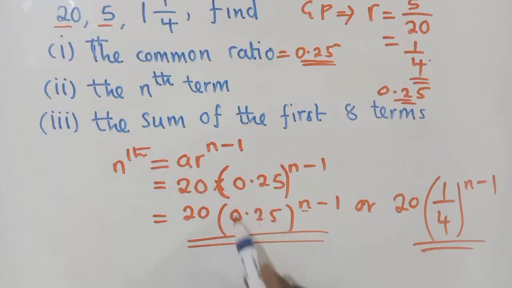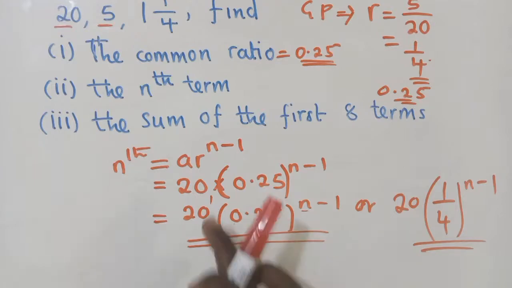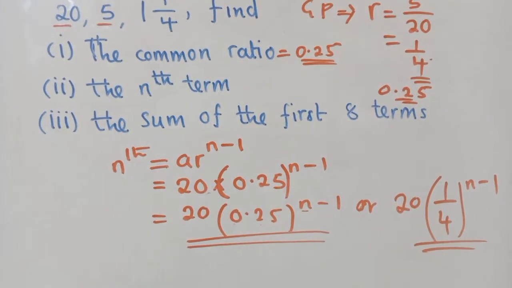This power is just for the common ratio. This 20 is not being attached to this power. 20 has got power 1 here. So that's the reason why you are not multiplying. If you leave it like this, it's fine to work.